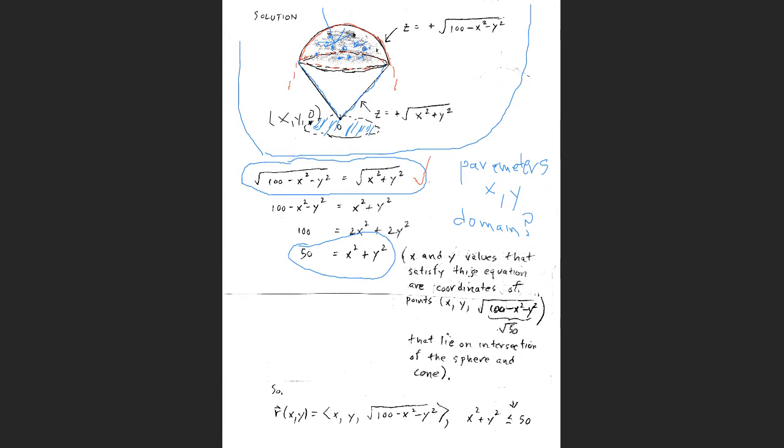The x and y values that satisfy this equation are going to be coordinates of the points that lie on the intersection of the cone and the sphere. So therefore, my parametric representation is given here at the bottom.